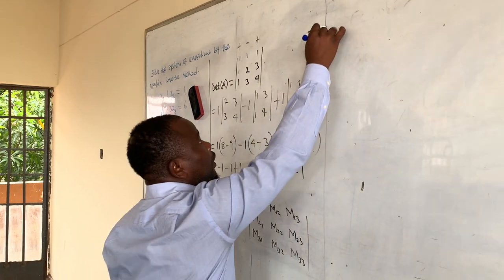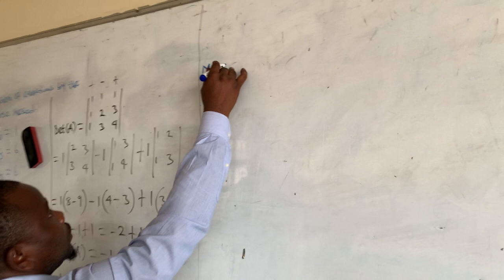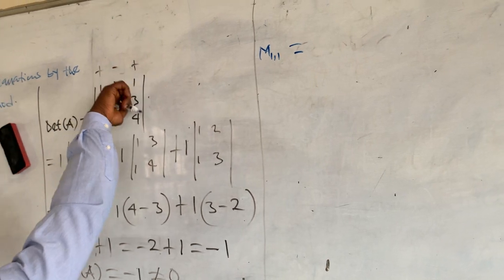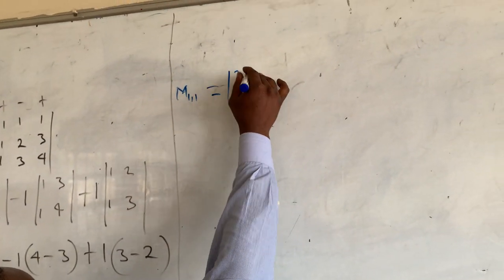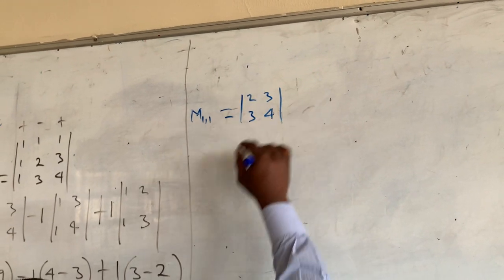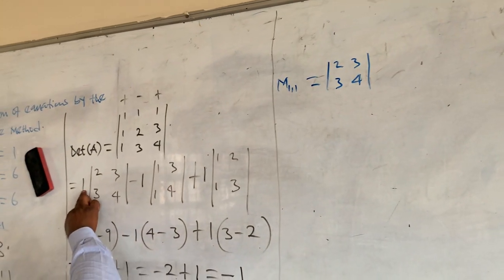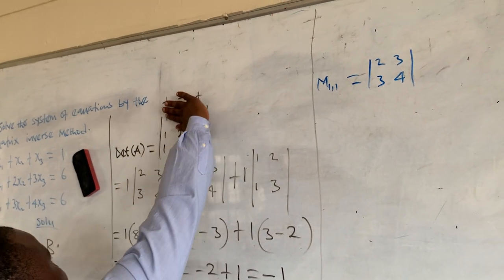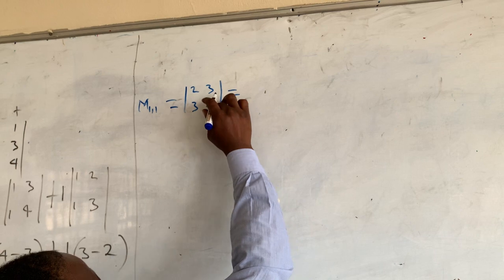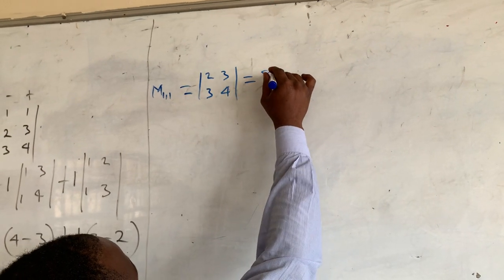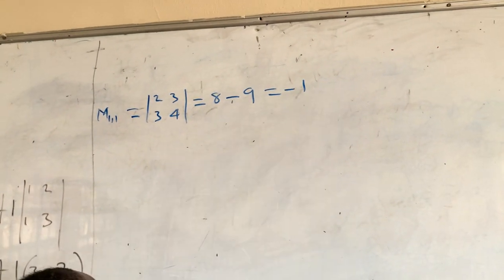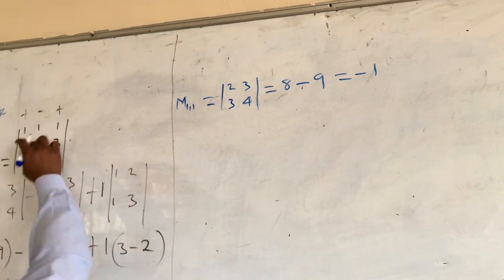So M11 is equal to this row and this column will go, so it will give us 2, 3, 3, 4, like what we did here. This will close and this will close. So this is equal to 8 minus 9, which is equal to minus 1.